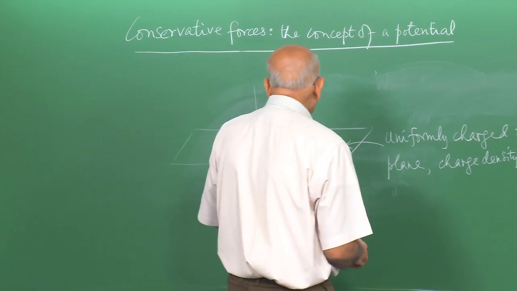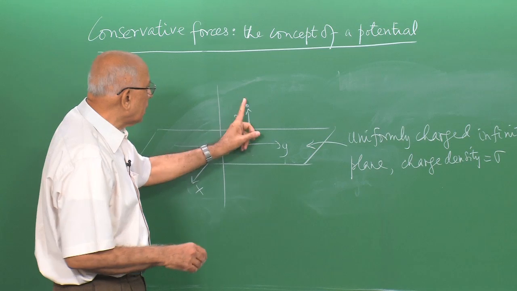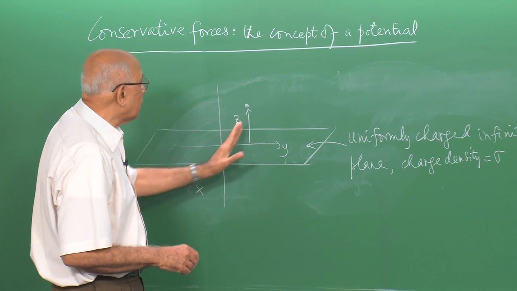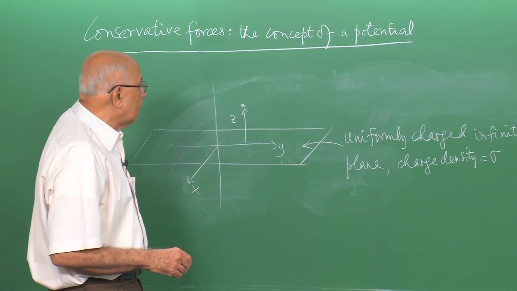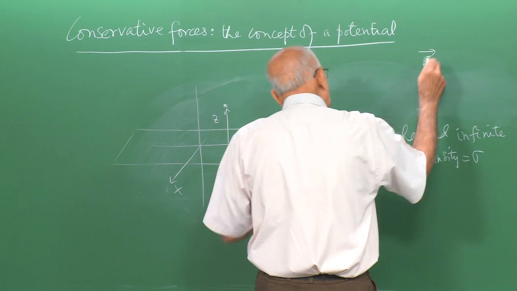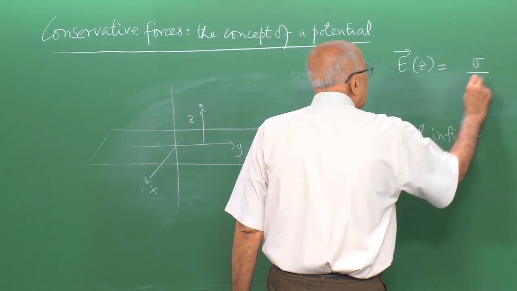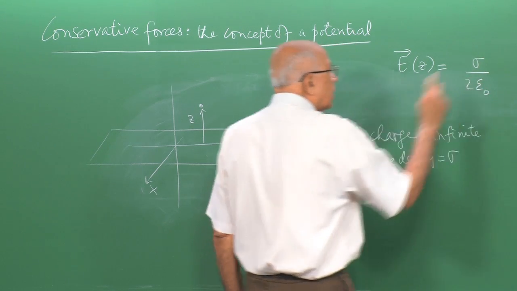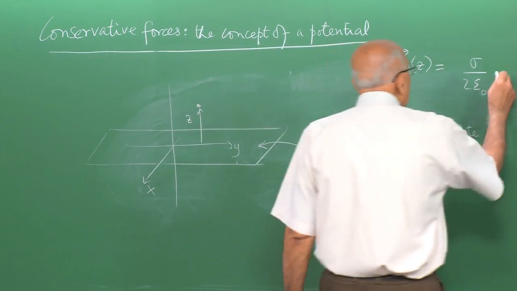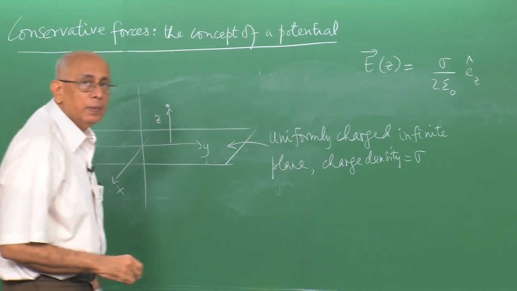The electric field, as we know, if you put a test charge here, a positive test charge, and sigma is positive, will be perpendicular, will be normal to this xy plane, it will be directed upwards, and it will have a magnitude E. Well, the vector itself E at a height z will be equal to sigma over 2 epsilon naught, where epsilon naught is the permittivity of the vacuum, multiplied by the unit vector Ez in this fashion.